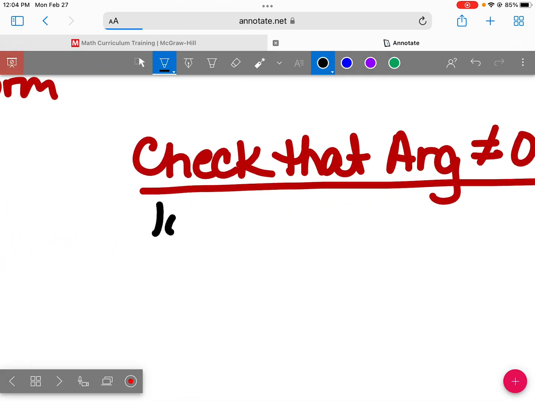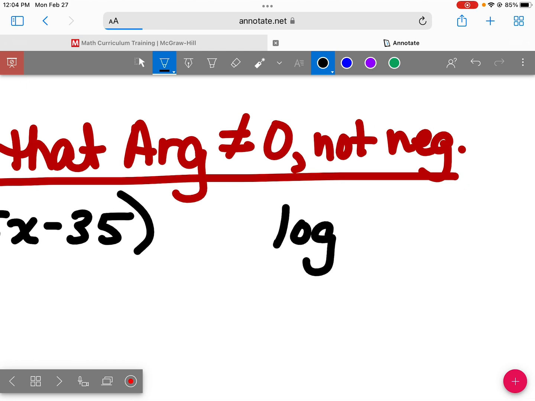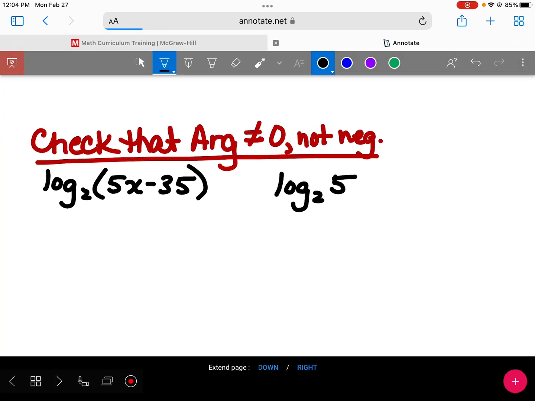I have log base 2 of 5x minus 35, and I have log base 2 of 5. This argument is positive. And no matter what x is, nothing can make that a negative.